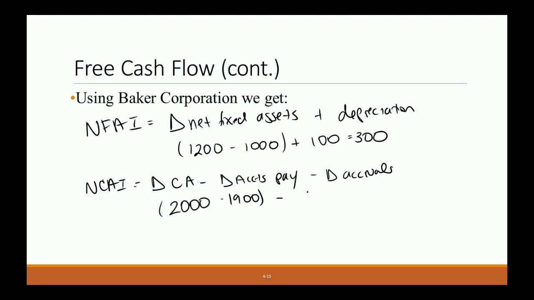From that, we deduct our change in accounts payable. Our accounts payable is also found on the balance sheet. It's on the top half of the second page. 700 in 2012 and 500 in 2011.